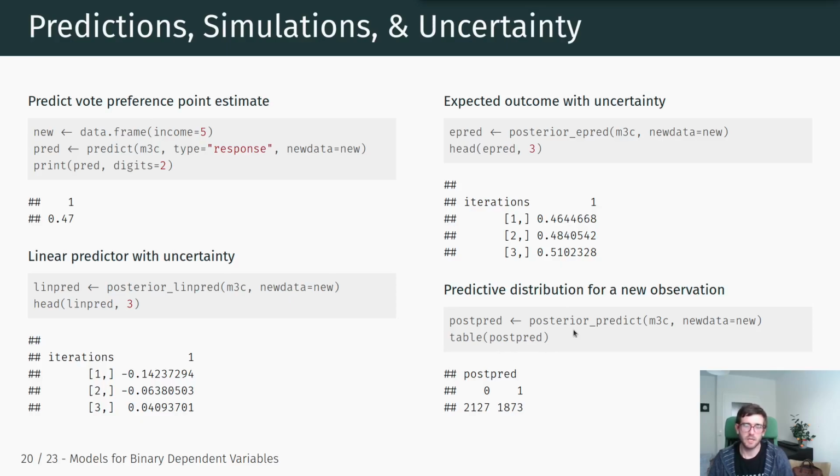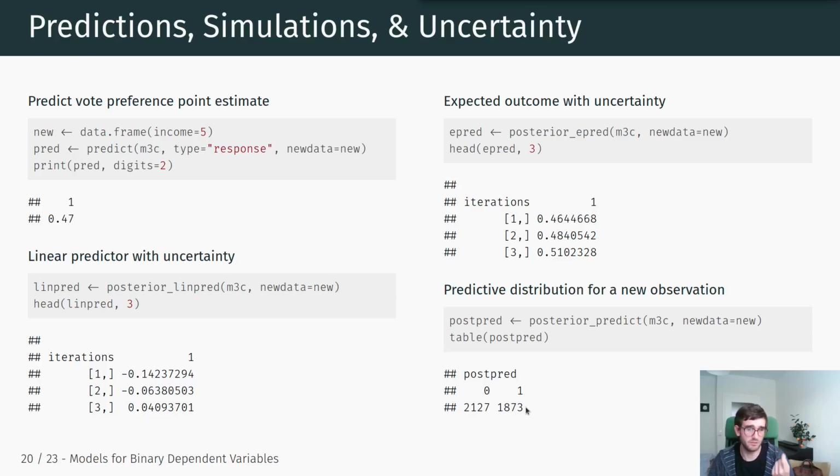Okay. Now, if we use posterior_predict, what we do in addition is not only compute the predicted probabilities or the expected outcome, but we actually take a draw from that binomial distribution for each individual observation, right? And so rather than having probabilities conditional on the coefficients we drew from the posterior distribution, we actually have individual predictions of 0 or 1, right?